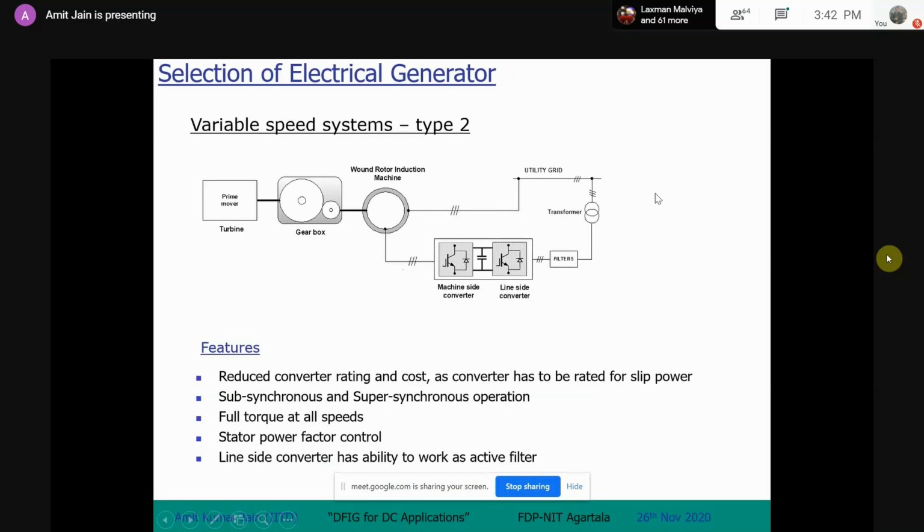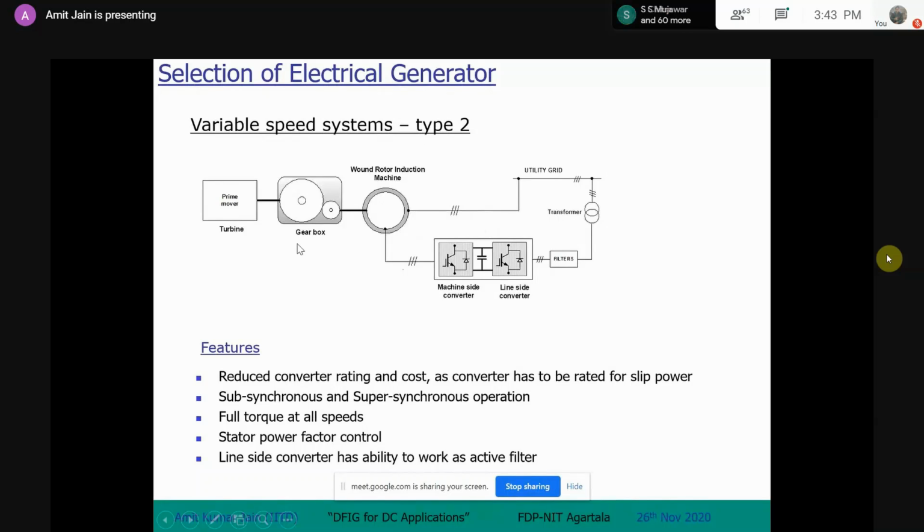How is it done? In this case, the machine will be rated for 10 megawatt, and if we have to generate 8 megawatt, we will always take 10 megawatt from here, and when it is working at 8 meters per second, we take 2 megawatt of power back from here. In that way, 8 meters per second is actually generating 8 megawatt to the grid.